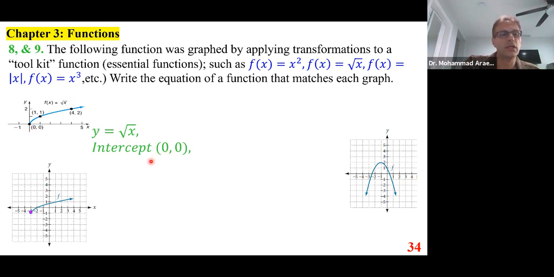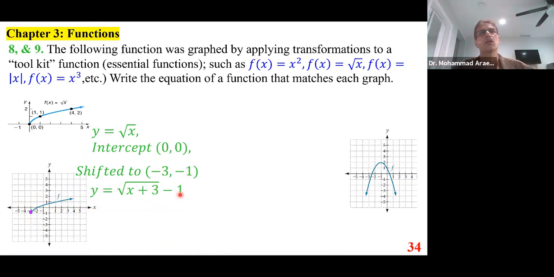The intercept has been shifted to the point (-3, -1). So it has been shifted to the left and down.